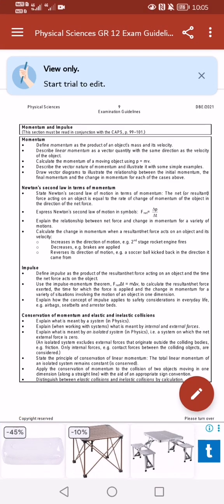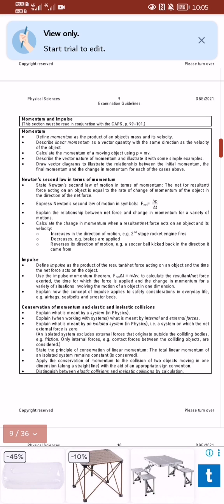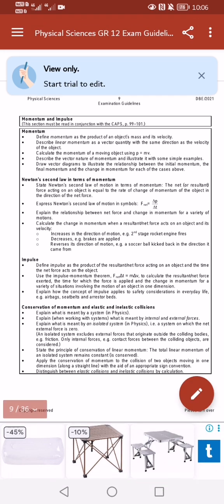For example, these ones are from the examination guidelines of 2021 physics. So you must look at your examination guidelines before you answer any question. You must study through examination guidelines. So that is it.